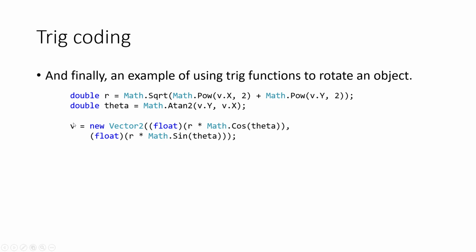And then once you've done that, you then calculate the new vector, which would be r cos theta and r sin theta, because you've seen that they give us the x and y values. R hasn't changed. Theta may have changed. You may have changed the angle in between here. Whatever that angle is, the new angle, if you use r cos theta and r sin theta, you will get the x and y values of your new vector, your output vector. So that's one way you can rotate an object.